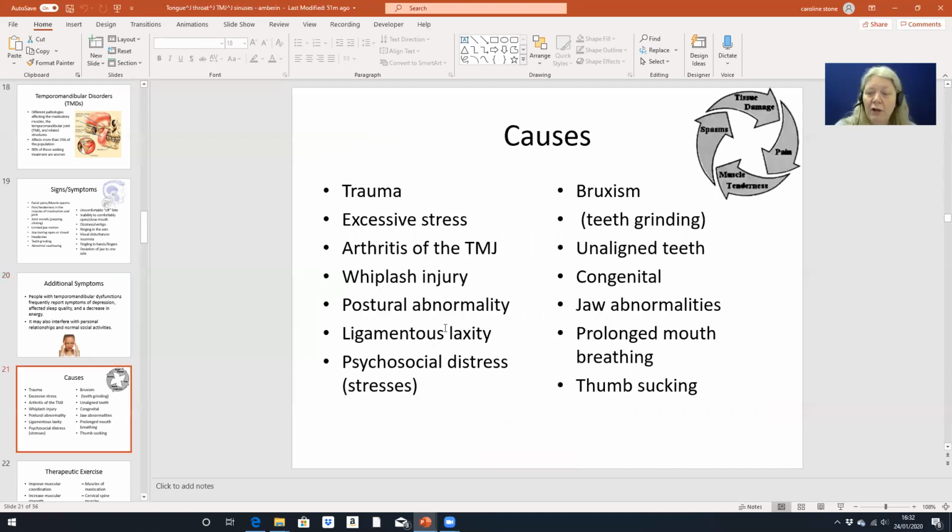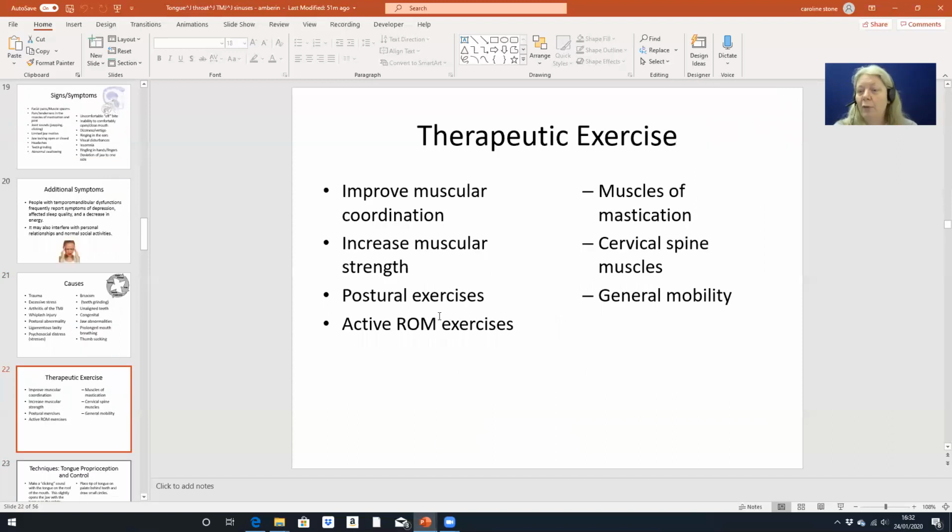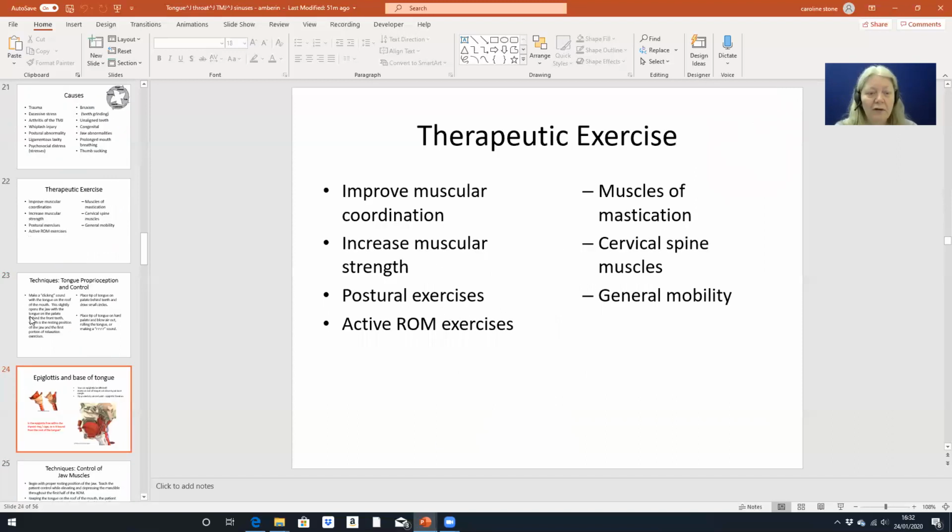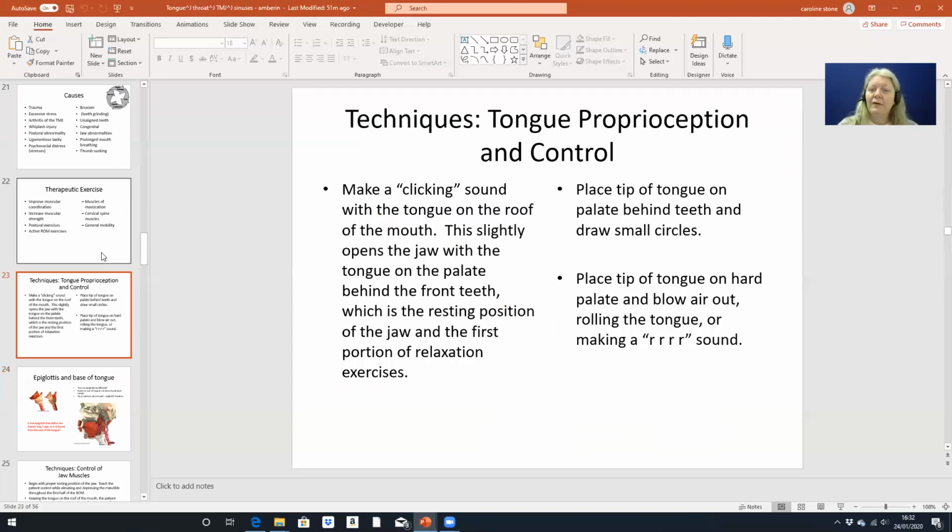So it's really important to go through how TMJ dysfunctions develop, what keeps them going, what we can do about them, what habits relate to them, what self-help things that people can do, so exercises and so on. And some of the exercises that you often do is all about tongue proprioception.